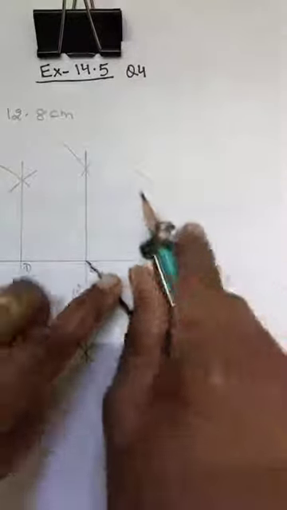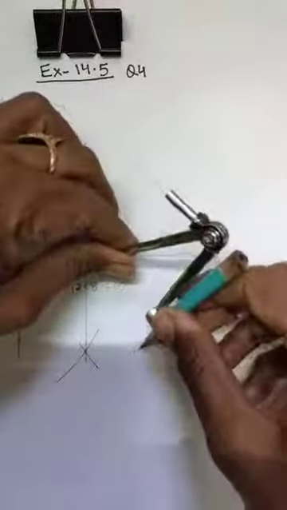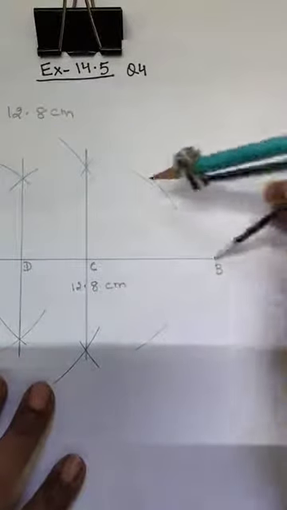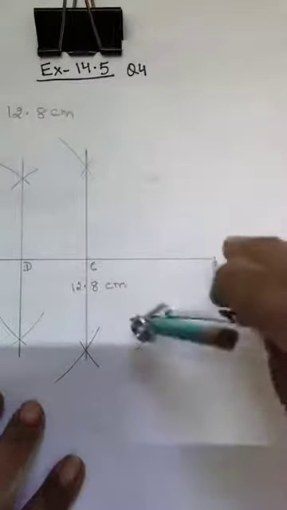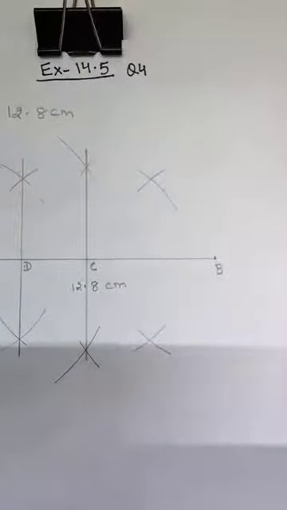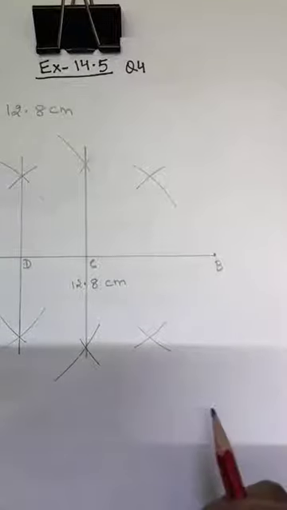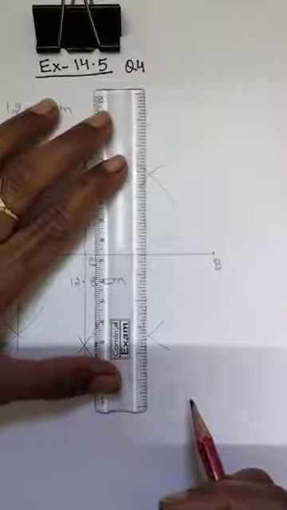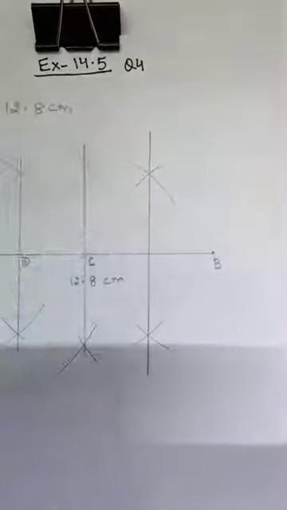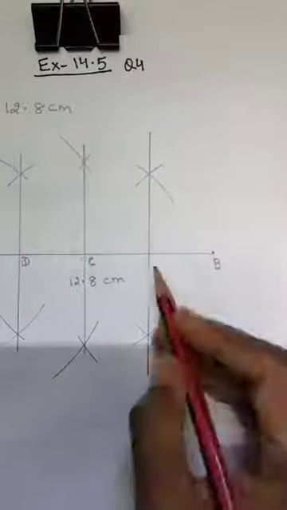Two arcs from C, one over CB and one below CB. Now with the same radius, two more arcs, one from B on the upper side and one from the lower side. Now join these 2 points. Okay, give it name E.